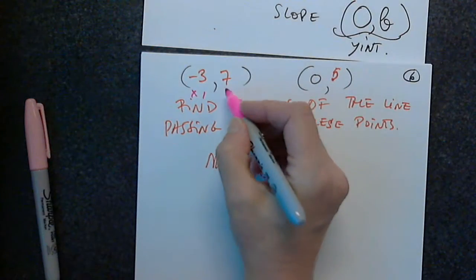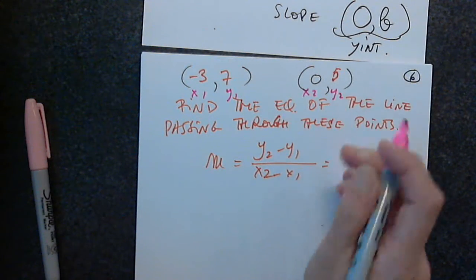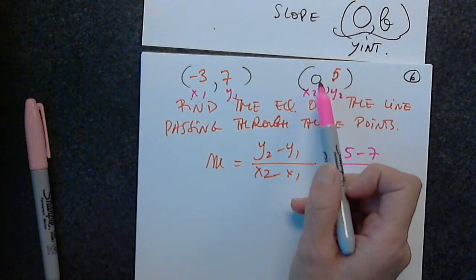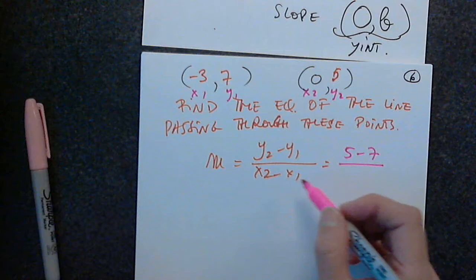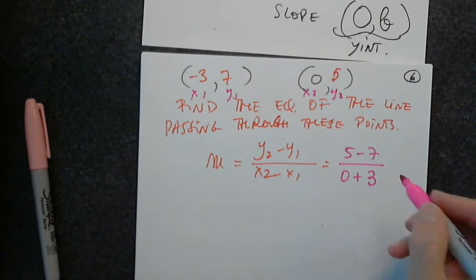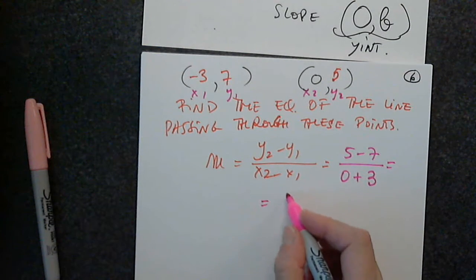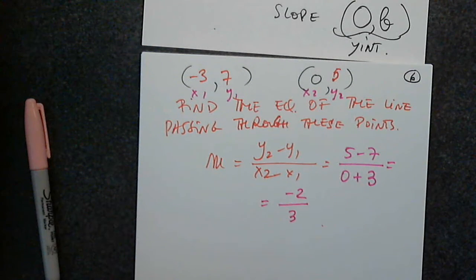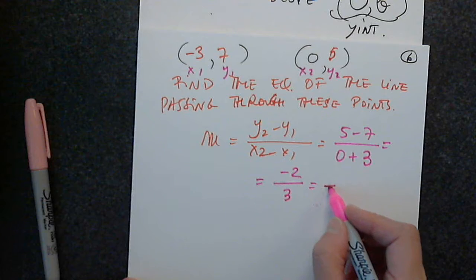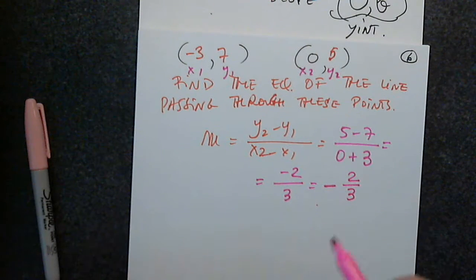Assuming we labeled x1, y1, x2, y2, then 5 minus 7 divided by 0 minus minus 3. 0 minus negative 3, I meant to say. The numerator is negative 2. The denominator is 3. When one of the two, top or bottom, is negative, we write negative in front to divide it by 3.